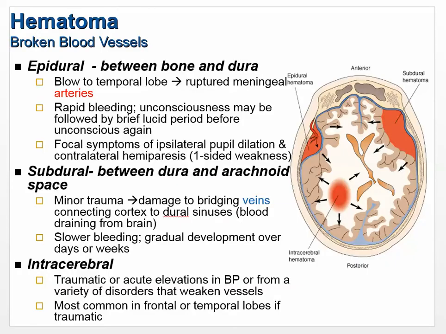Okay, so another thing that you should know about related to traumatic brain injury is when you have some kind of blunt force trauma, it can form something called a hematoma. Okay, so hema referring to blood, and then oma meaning a body.